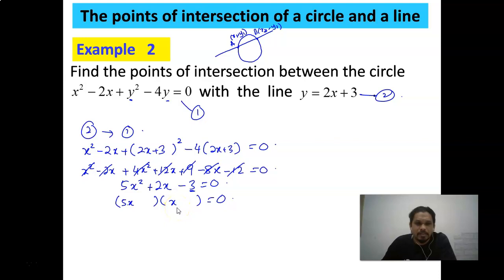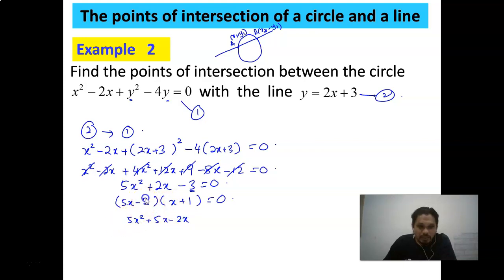Do you have any idea? 5x times x, 5x squared. 5x times 1 equals 5x, negative 2 times x, minus 2x.